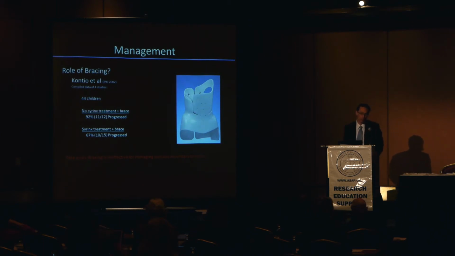Actually, the literature on treatment of idiopathic curves with bracing is somewhat mixed, although we are expecting an NIH-controlled study report this year, which does show some level 1 evidence for the effectiveness of bracing in idiopathic scoliosis. We have yet to see that in syrinx-associated scoliosis.